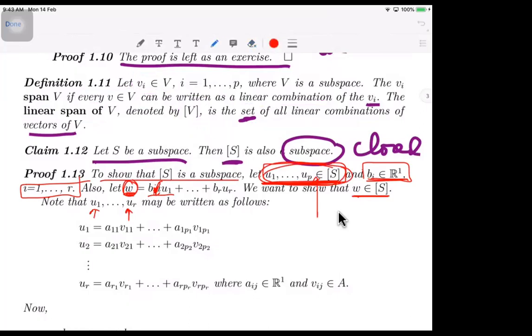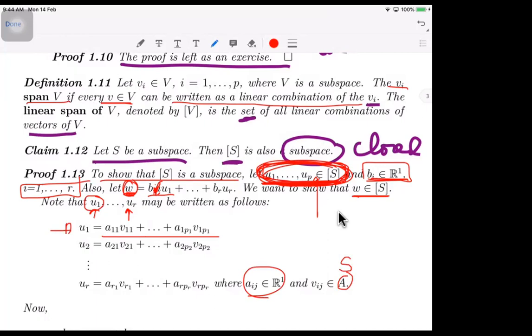By definition of a span, v_i spans V if every v can be written as a linear combination of the v_i. So each of them, u1 and so on, can be written as a linear combination for some constants a_ij. So u1 is written as a11 v1 and so on.